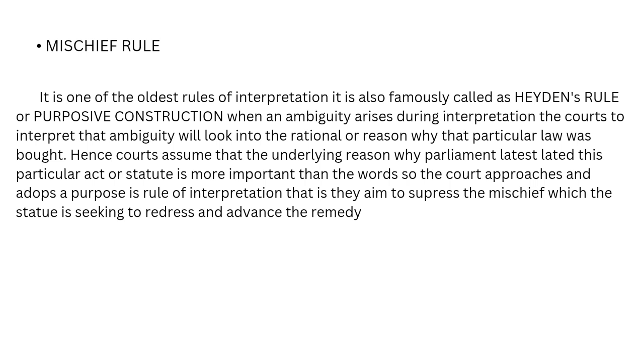Hence, courts assume that the underlying reason why Parliament legislated this particular act or statute is more important than the words. So, the court approaches and adopts a purposive rule of interpretation, that is, they aim to suppress the mischief which the statute is seeking to redress and advance the remedy.